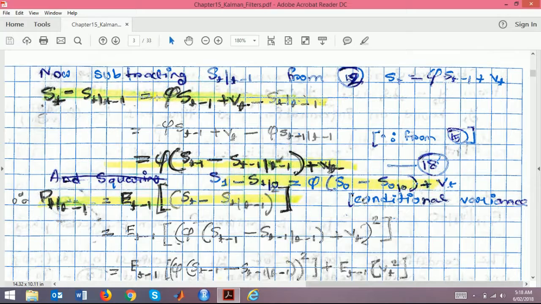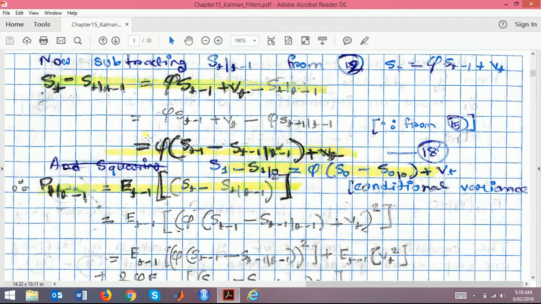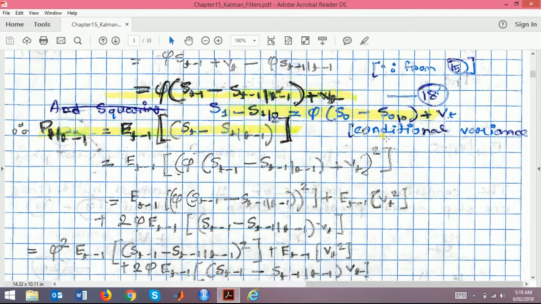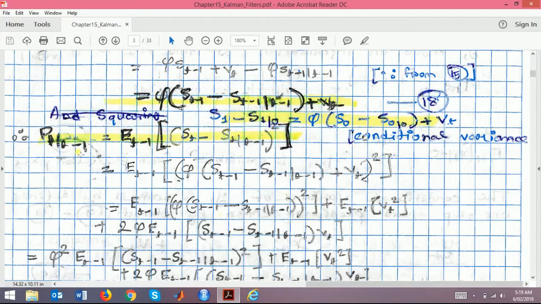By definition. So s1 equals phi s0|0 plus phi (s0 minus s0|0) plus the disturbance term. We can write it as s1 minus s1|0 equals phi (s0 minus s0|0) plus the disturbance term.